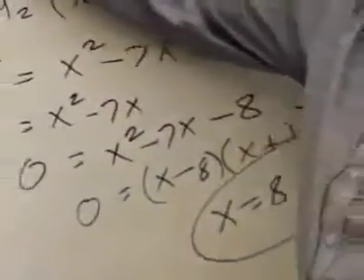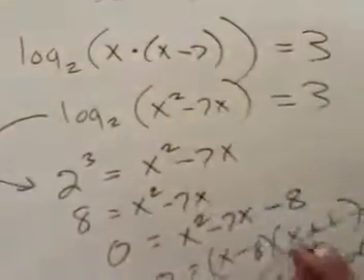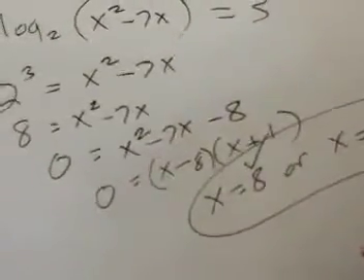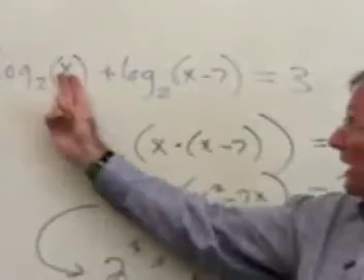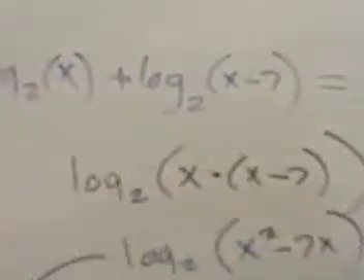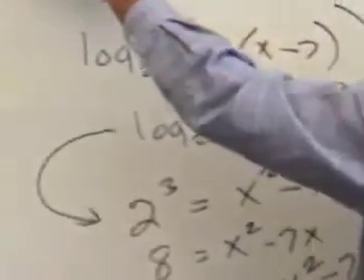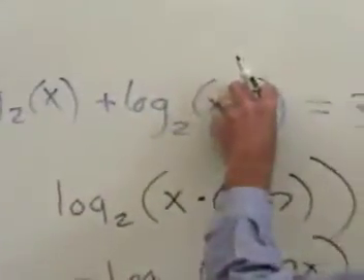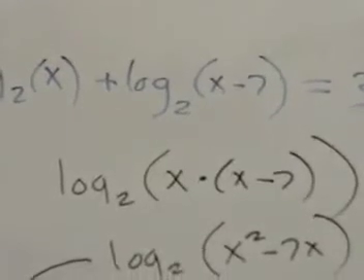So if I plug in 8, that is going to be positive, that's going to be positive, so that's a true statement. But when you plug in the number negative 1, you're taking the log of negative 1, which you cannot do. If any of these numbers make these log inputs negative, they have to be tossed out as extraneous or false answers.